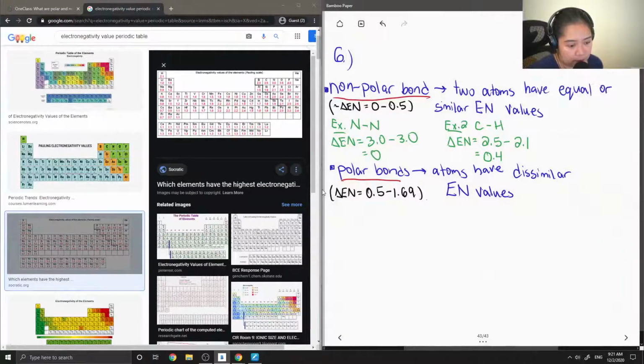And I'll also note that polar bonds are between two nonmetals. Well, any polar bond is between two nonmetals. Same with the nonpolar bond, it is between two nonmetals.